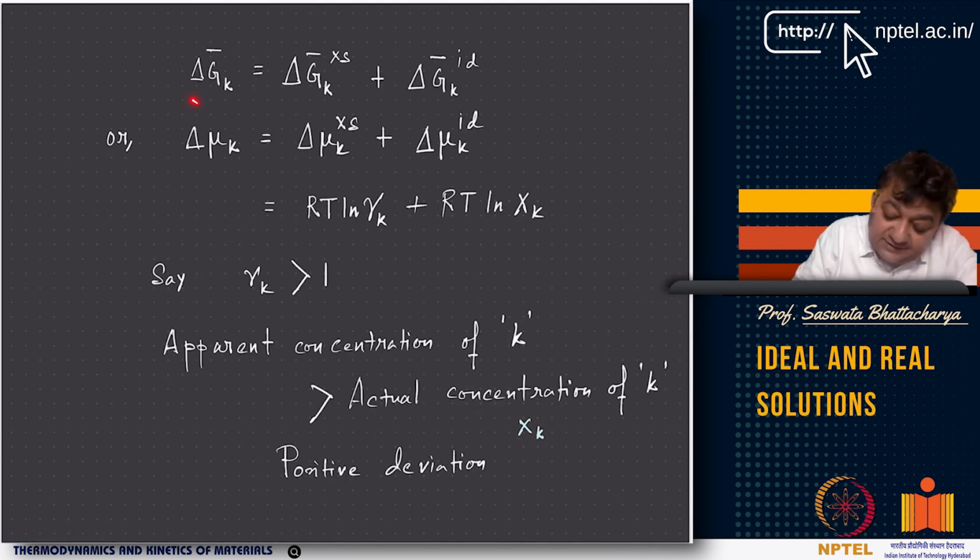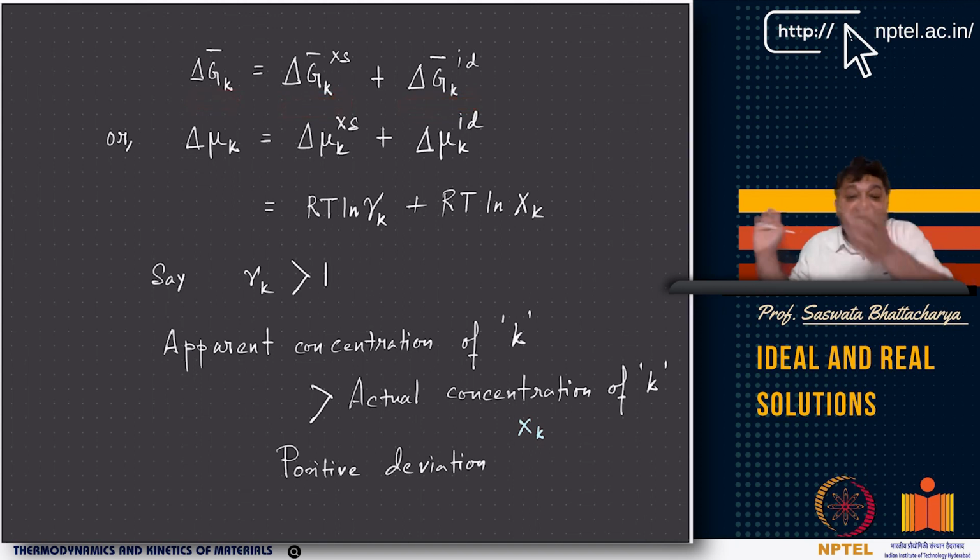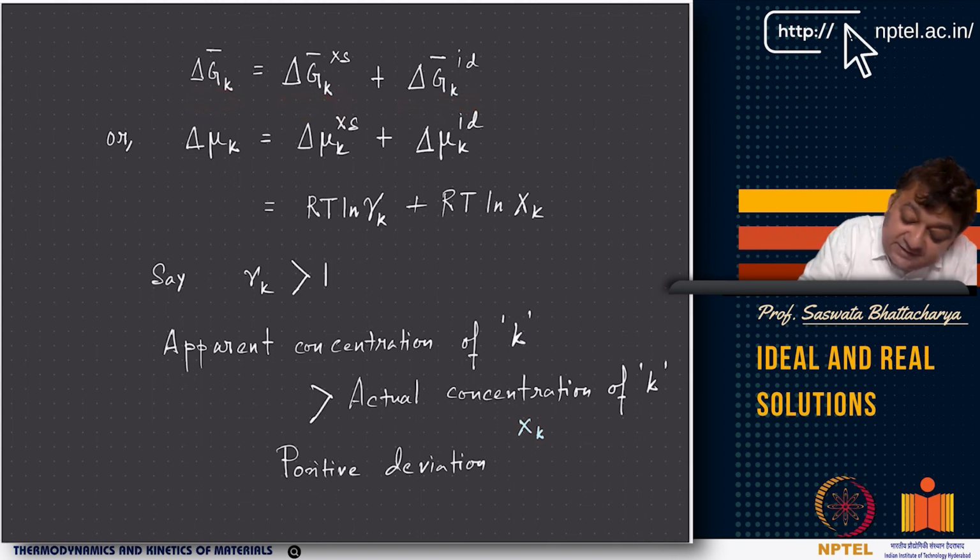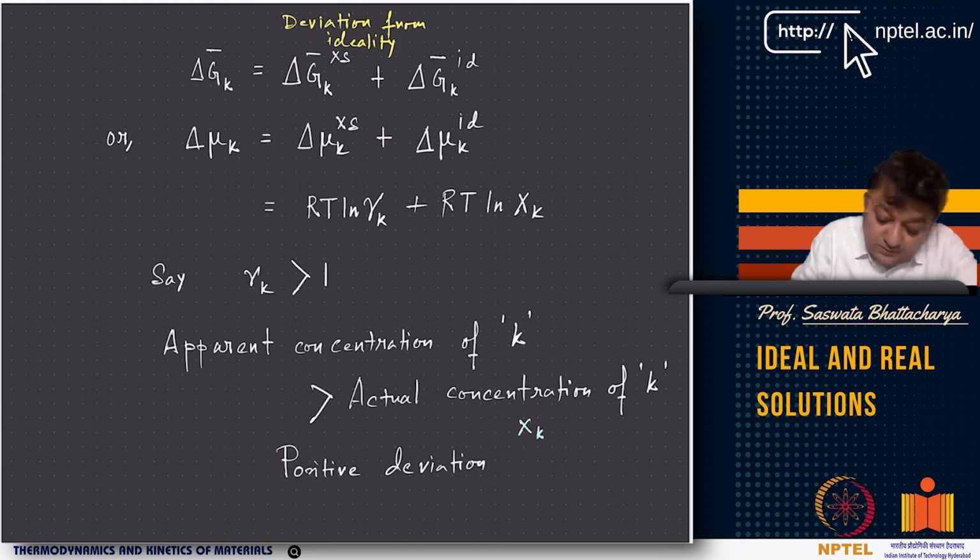So now you can define this as two parts. One is the ideal contribution and another is the excess over ideal, which is like the deviation from ideality. So this is called delta gk bar excess, which I call the deviation from ideality. You can write this the same way, using delta mu k instead of delta gk bar.